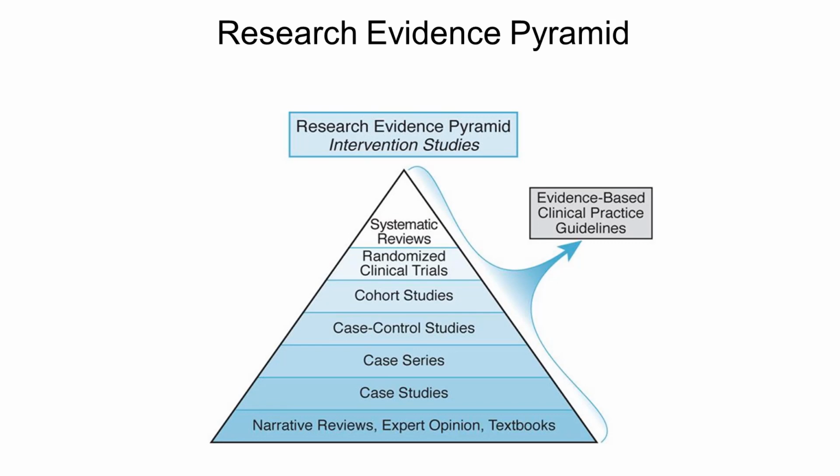Again, the highest level of evidence in the research evidence pyramid are systematic reviews, and these systematic reviews also comprise the smallest amount of research that's available.